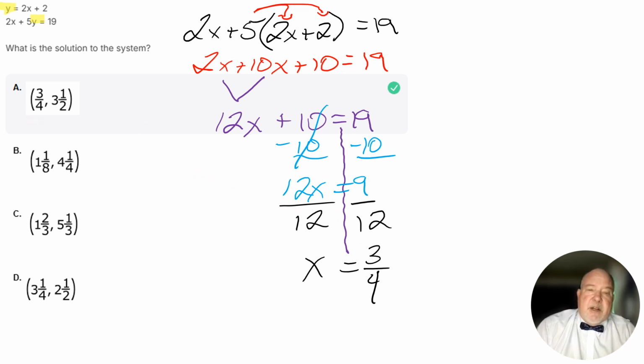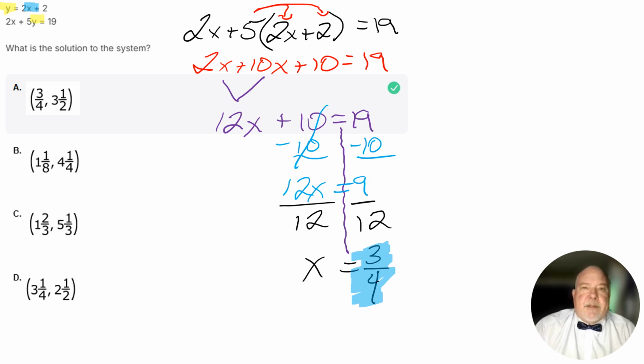And let me also show you how to do that. Okay, so what we're going to do now is we're going to take this value of x that we just got. So we got x is equal to 3/4. And I'm going to substitute that back into the original first equation for x. So I'm going to replace x with 3/4.